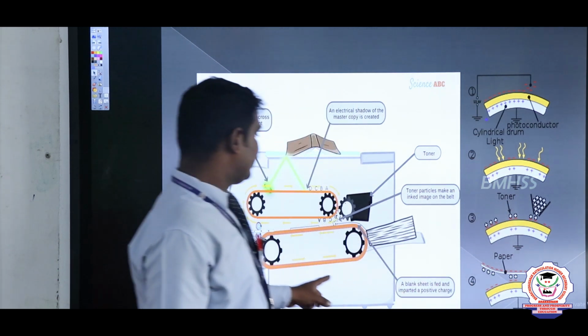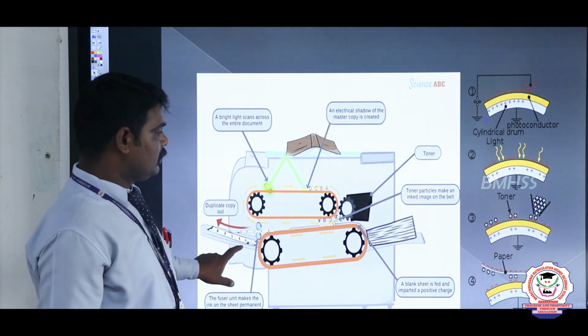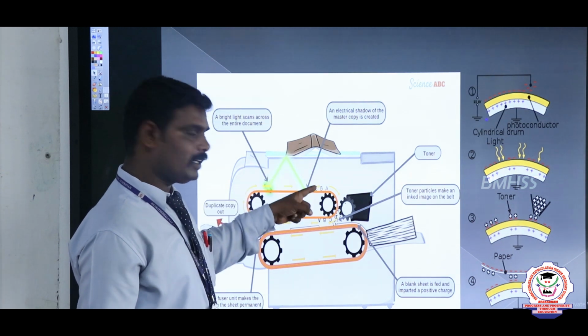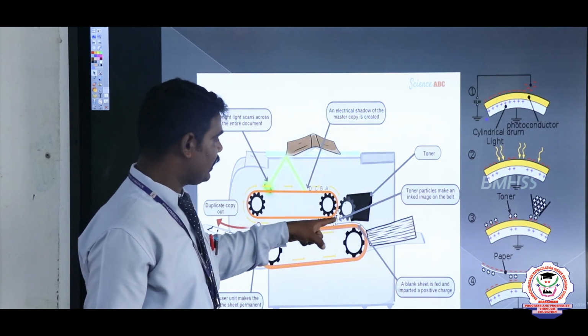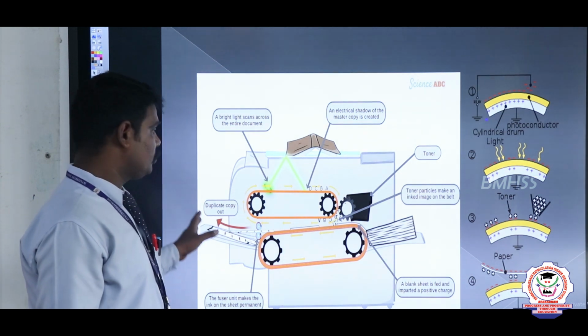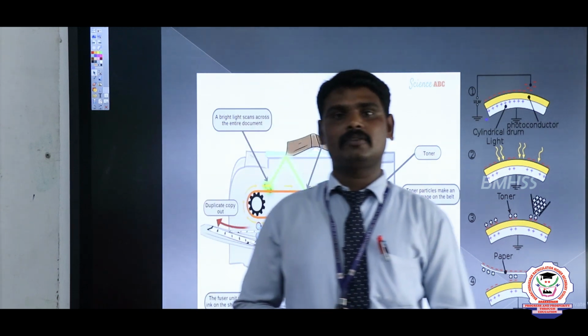Then we will get the Xerox paper, and the letters will come. For example, A, B, C, D are the reflected letters, so they will be attracted, and we get a duplicate copy out. So these are applications of electrostatic force.